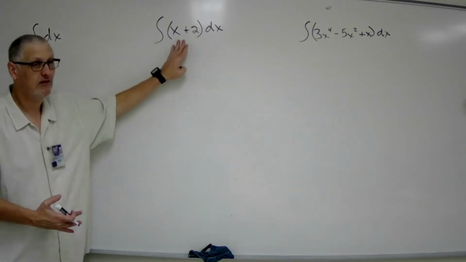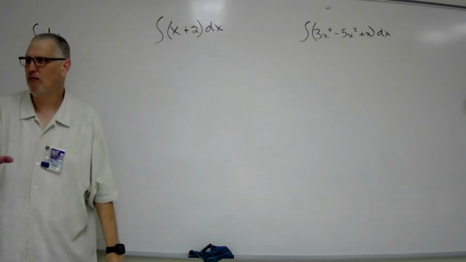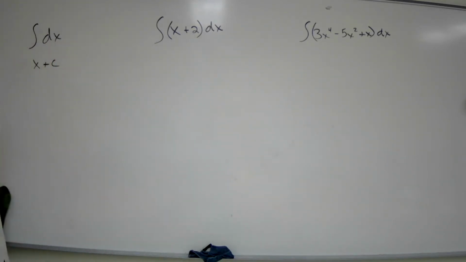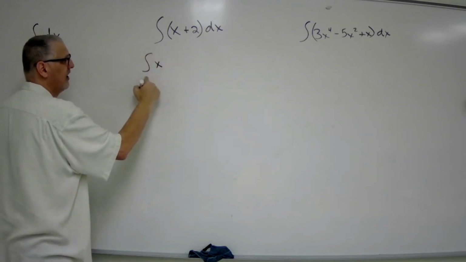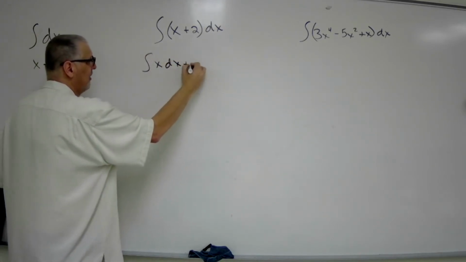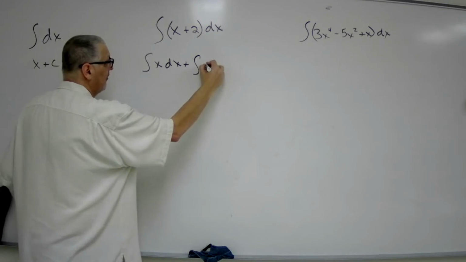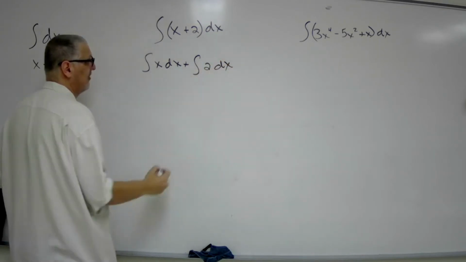Here, what's the derivative rule when you have things that are added together? Just do both individually? Is it the sum rule? We can do the same thing here. We can do the integral of x dx plus the integral of 2 dx.